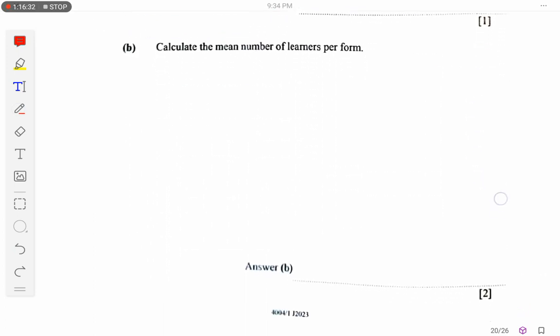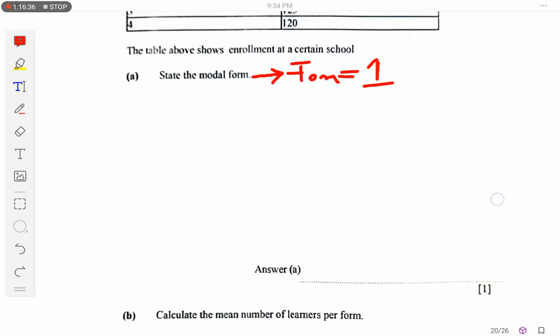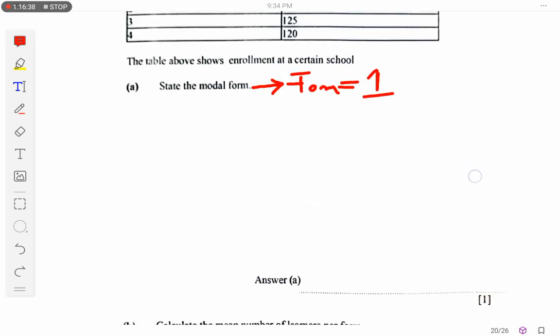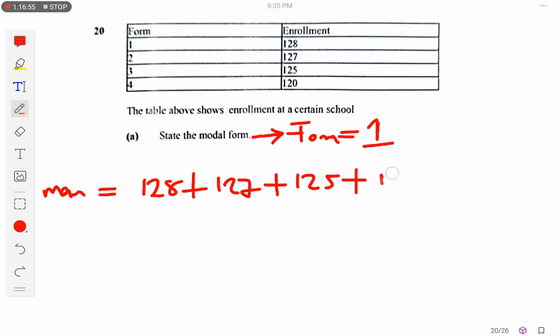Calculate the mean number of learners per form. Okay, the mean is basically average. How many forms do we have? 4. How many students do we have? So we are going to add, mean is going to be equal to 128 plus 127 plus 125 plus 120, all divided by 4.